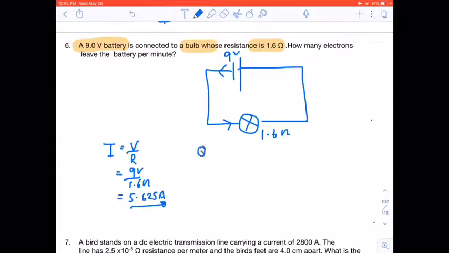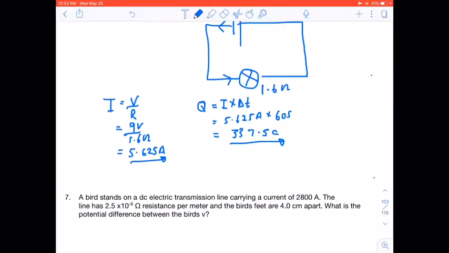Q would be equal to I times change in t, which means 5.625 amps times the time, which is 1 minute, so 60 seconds, and that would be 337.5 coulombs. That's the amount of charge that would be leaving that negative electrode.